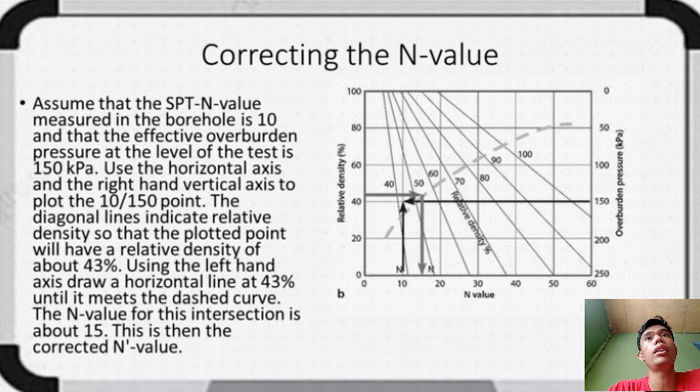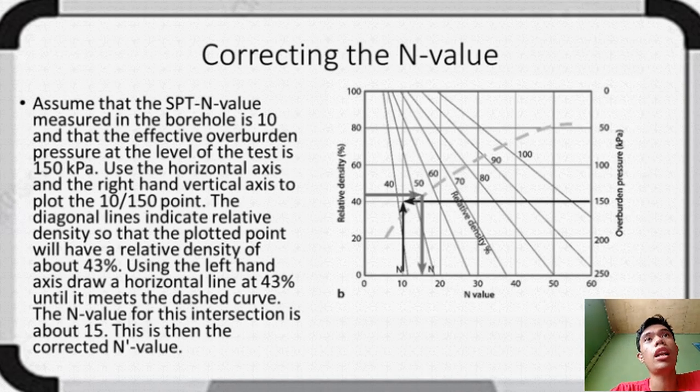So sa N, magbase ta diri sa may ubos tapit sa graph. 10, 20, 30, 40, 60. Dayon sa pressure kay diri sa right side. Then use the horizontal axis and the right hand vertical axis to plot the 10, 150 point. So i-plot daw nato sila by intersecting these two given points.